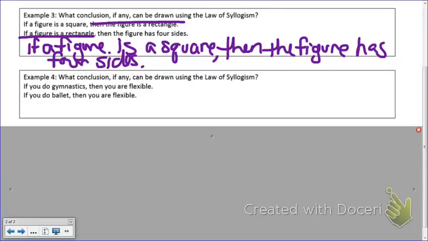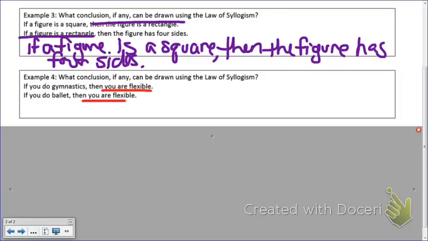The first statement, if you do gymnastics, then you are flexible. The second statement, if you do ballet, then you are flexible. So if we underline what matches, it is you are flexible. You will notice that that is part of the conclusion of the first statement, and it's also part of the conclusion of the second statement.